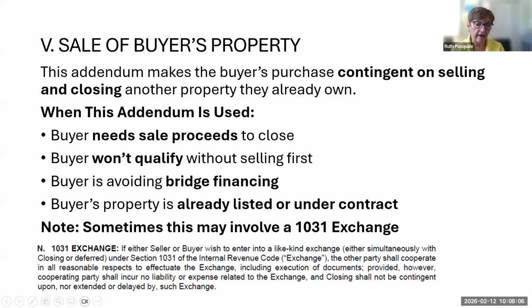What I did is this is the clause in the as-is contract that describes what a 1031 exchange is. You're going to run into it all the time. We don't actually deal with it, but we just have to know about it. The closing agent is the one who's going to be responsible for dealing with the 1031 exchange.